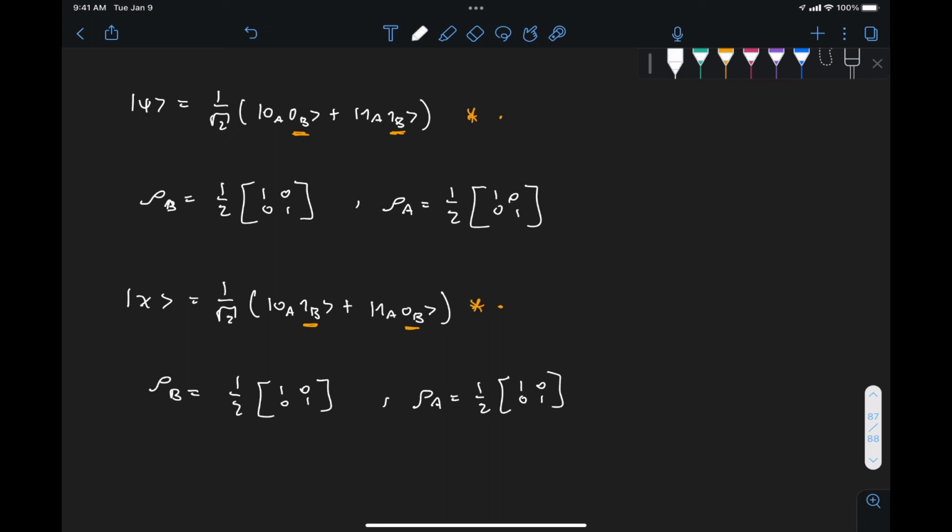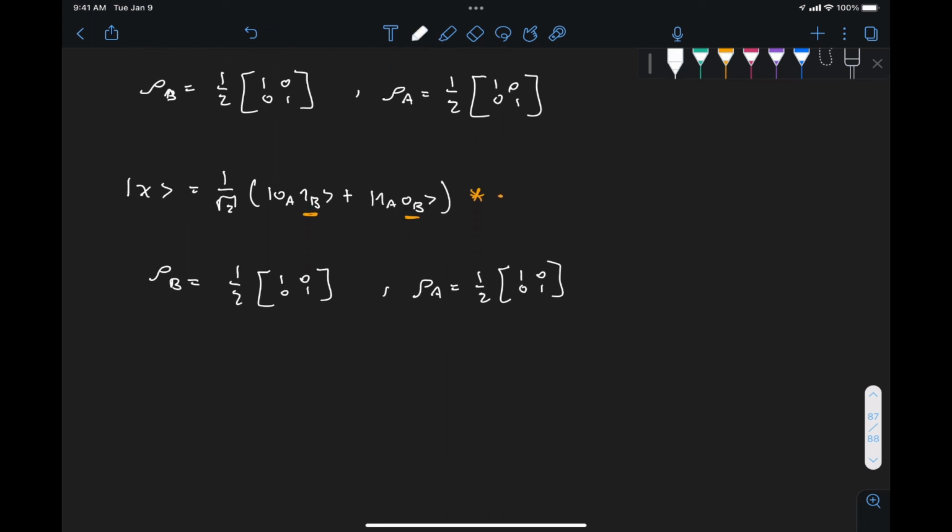Now, this is very closely related to something known as the HJW theorem, where H stands for Hughston, J for Jozsa, W for Wootters.